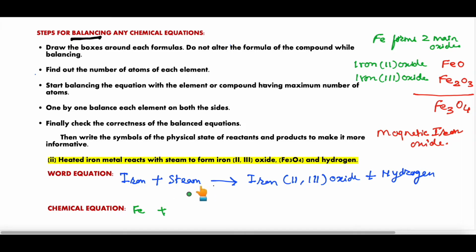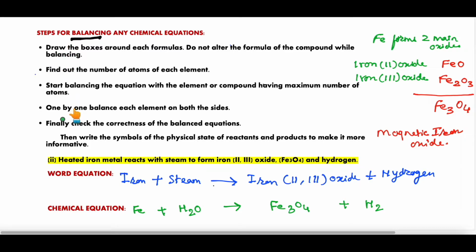Here it is important to remember that steam is the gaseous form of water. So the formula of steam is the same as that of water, which is H2O. It gives iron 2,3 oxide, that is Fe3O4, plus hydrogen. So hydrogen is H2.